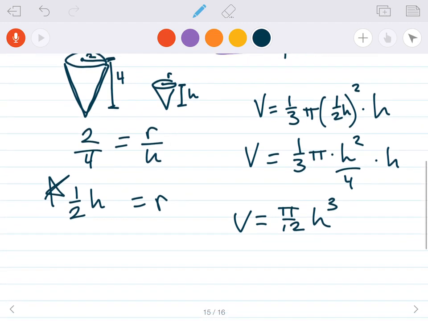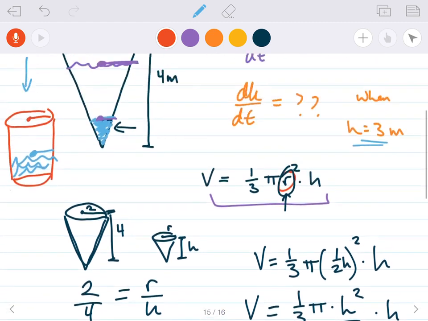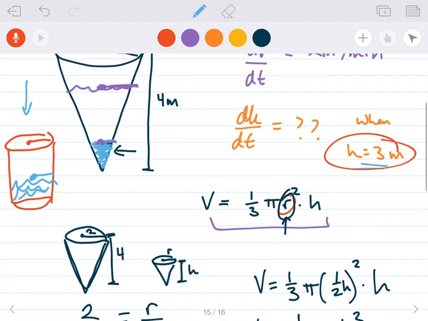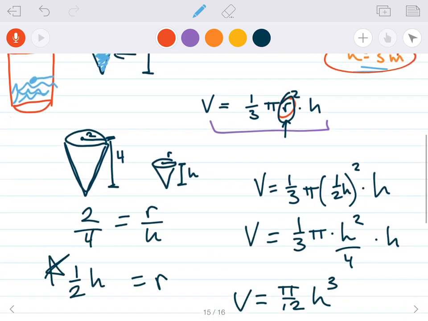But now what we can do is we can take the derivative of both sides with respect to time, giving me, let's see, 3 pi over 12, yeah, it's pi over 4, and then we're just using the power rule here, dH dt. And now we have everything we need. We're interested when the height is equal to 3, dV dt is equal to 2 meters cubed per minute.